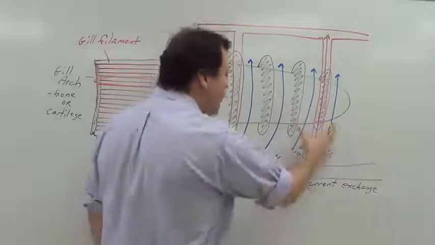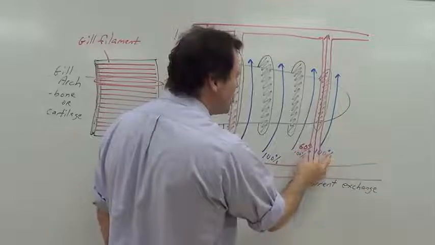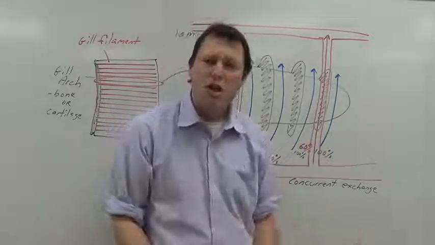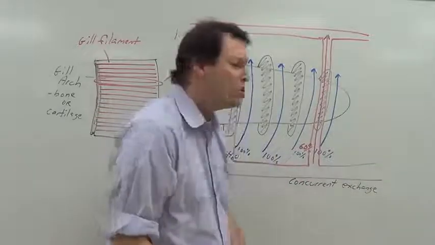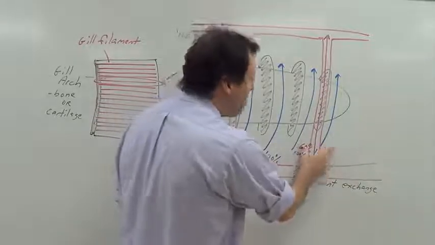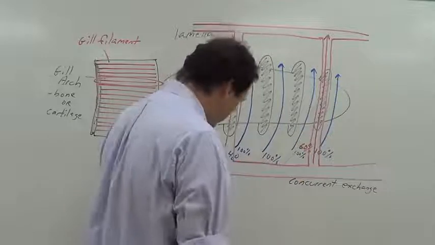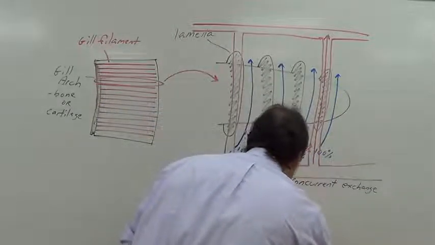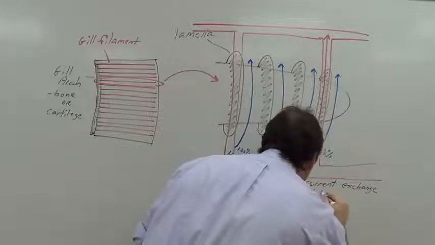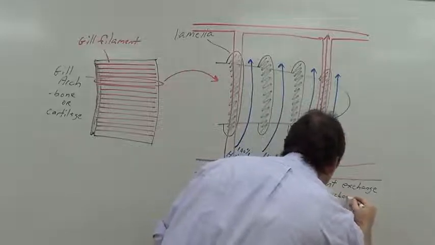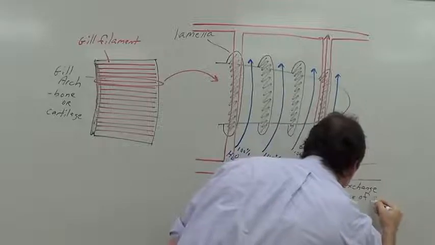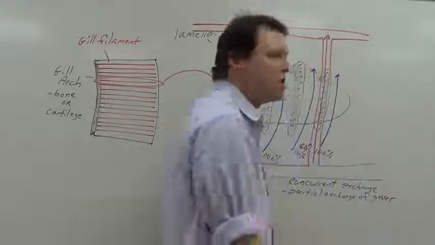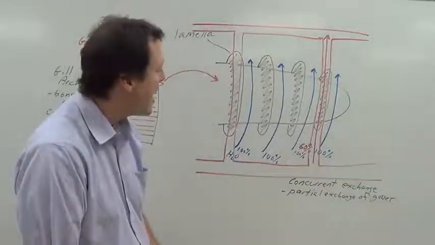And that's one of the problems with concurrent exchange, is that very quickly we're going to come to equilibrium and gas exchange is going to stop. So at best, we're going to have a partial exchange of gases here. And that's not a good thing. Let's go ahead and write that down. Partial exchange of gases. And when I say gases, I'm talking about oxygen and carbon dioxide.